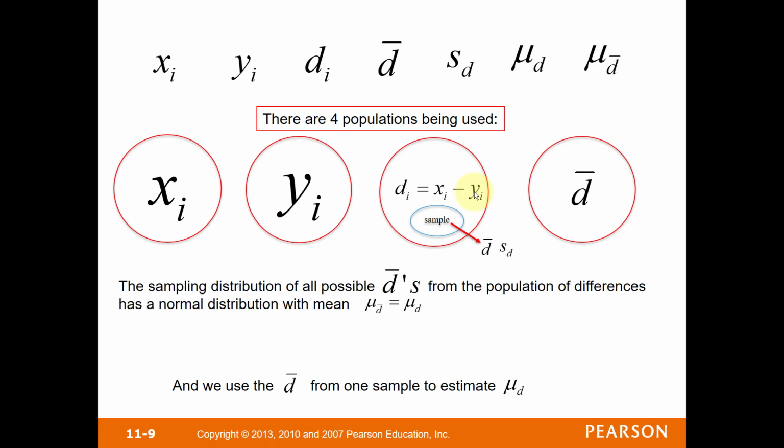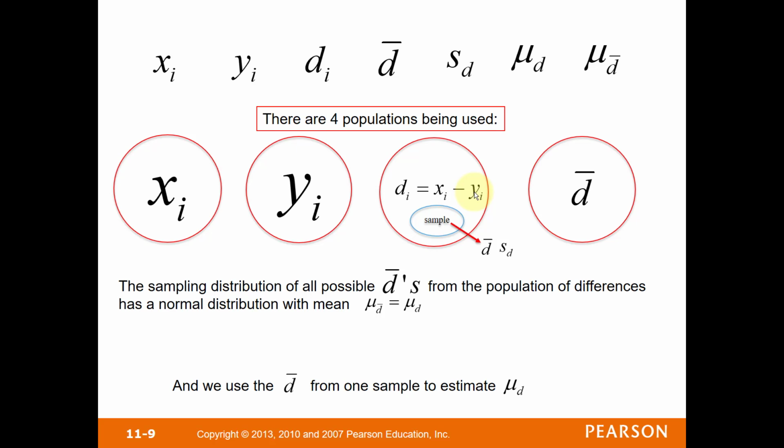Or another example we'll look at later in the section is comparing the heights of sons to fathers. Let's specify a specific son, like the firstborn son. The X's would be the heights of the firstborn sons, and then the matched pairs would be the heights of their fathers.